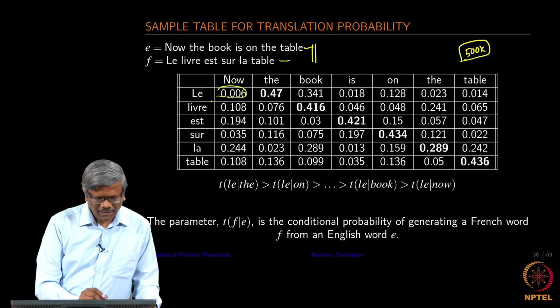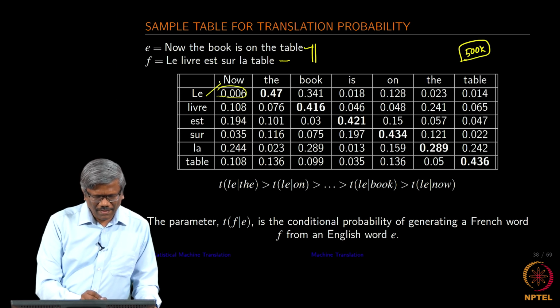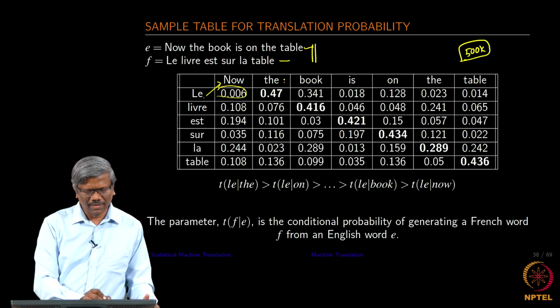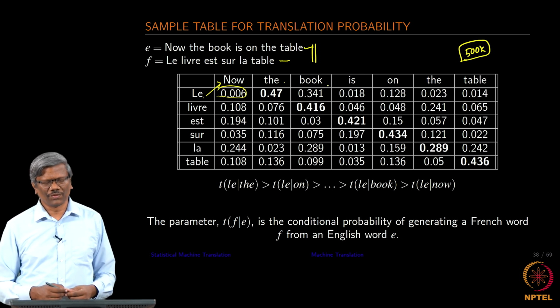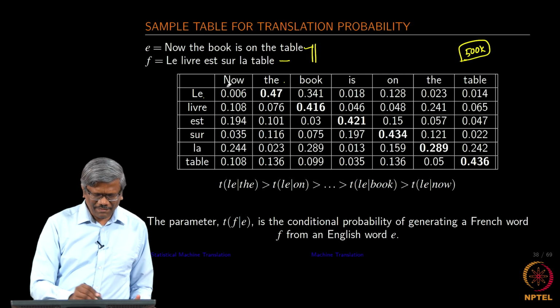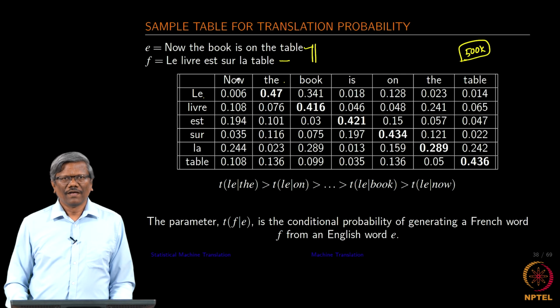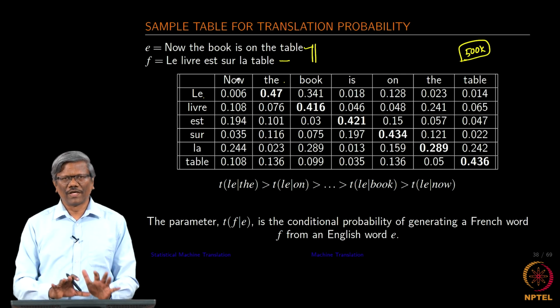values of le aligning to now, or le aligning to the, or le aligning to the book, and so on. So, this is something I have cooked up. The values are cooked up, these are not really computed, just to give you an idea how they really look like.